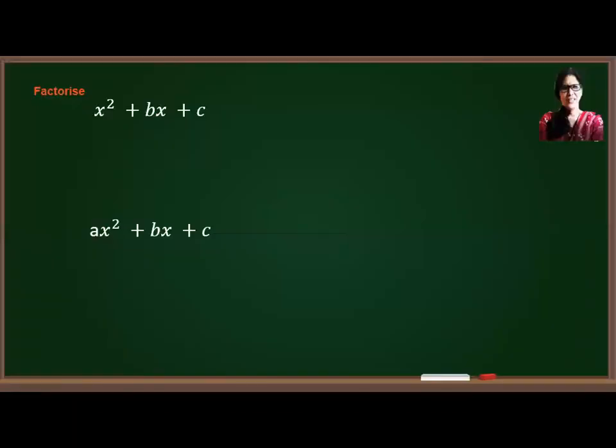Coming to the concept, if the question is x square plus bx plus c, that means x square has the coefficient 1, then to split this b into two parts, you have to think of two numbers whose product is equal to c, this constant, and whose sum gives you b.